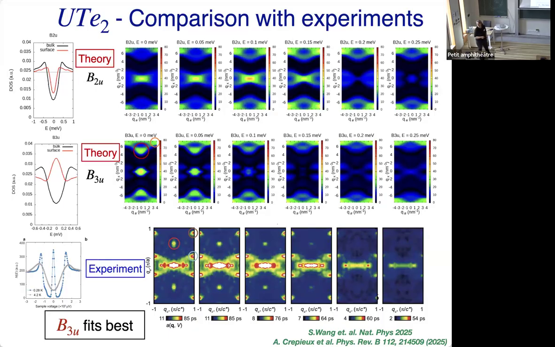So you have to play a bit with parameters to make it look exactly like the experiment. It's there, but it's hard to fit this exact position and exact dispersion. By playing with Fermi surfaces, you get a lot of variability. Right, but you can never get it for the B2U, is that correct? Yes, exactly.